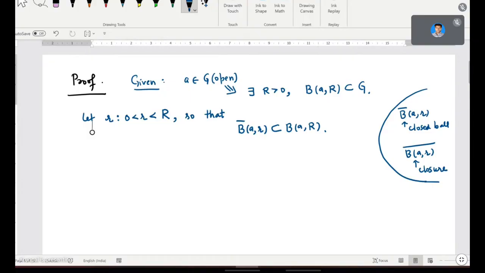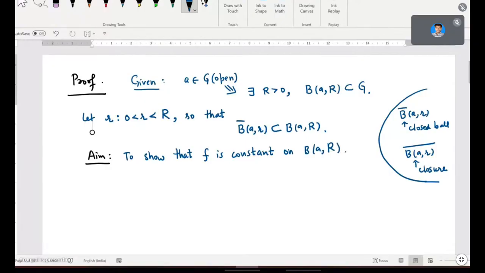So class, our first aim is to show, we will go a little slowly, that f is constant on the closed ball B-bar.